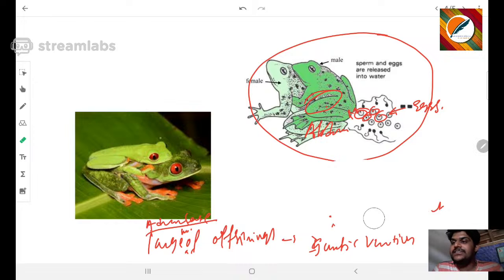What is the disadvantage? A very simple disadvantage. The first one, a large amount of sperms and whole gametes are released. That would be wasted because almost every external fertilization takes place in the water. Due to the current of water and the environmental conditions, the gametes are wasted.